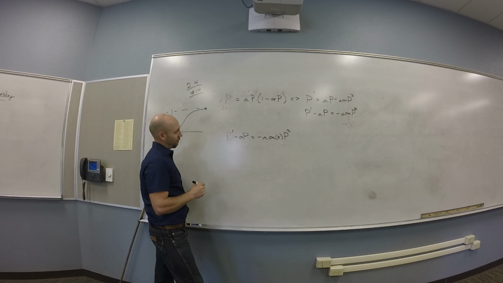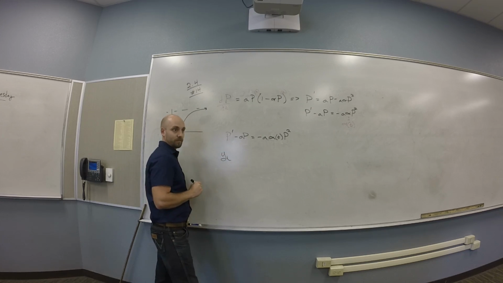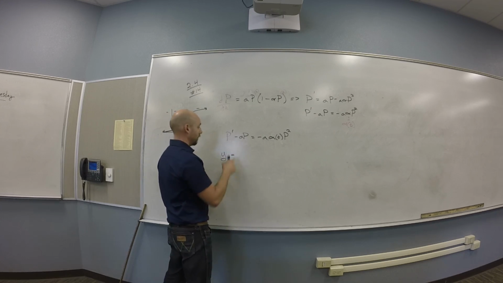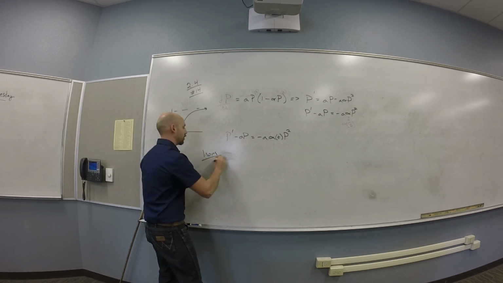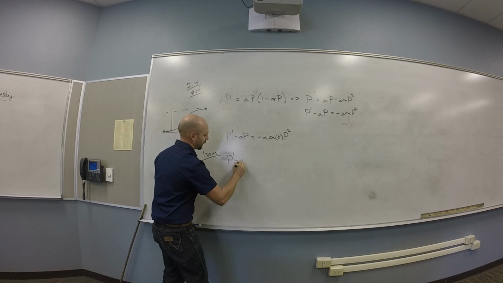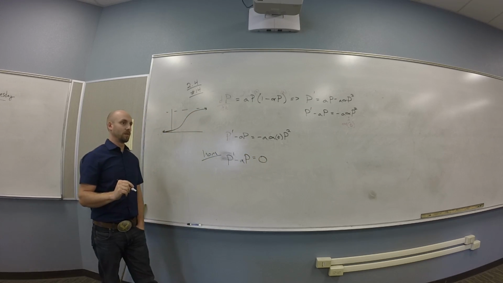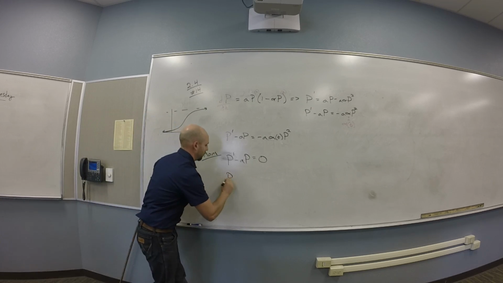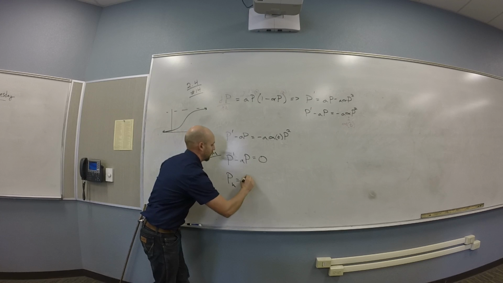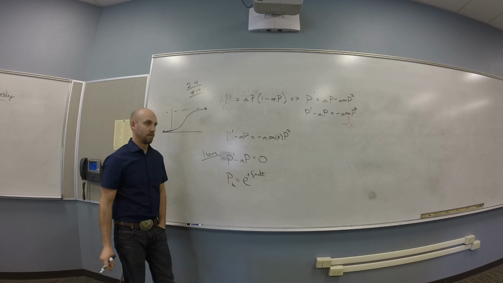All right, so what's your homogeneous solution? P prime minus AP equals 0? Okay, so your homogeneous equation is p prime minus ap is 0, and then the solution would be e to the negative integral of negative a dt.